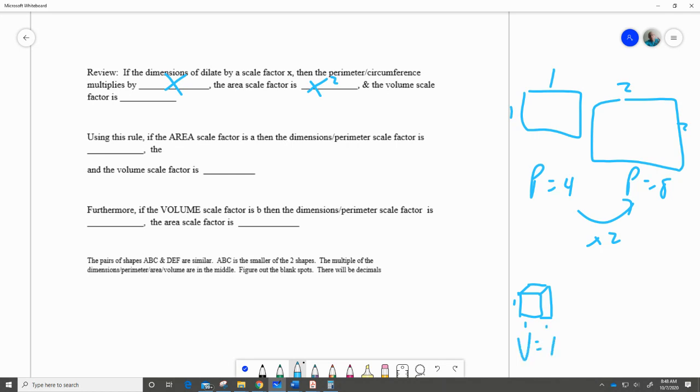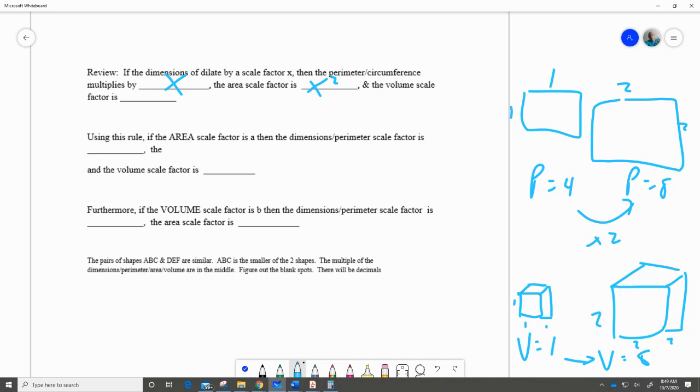If we dilate that cube by a scale factor of 2, and it's 2 by 2 by 2, well, that volume is 8. So the scale factor was 2. The surface area scale factor would be 2 squared, which is 4, but the volume scale factor multiplies from 1 to 8.